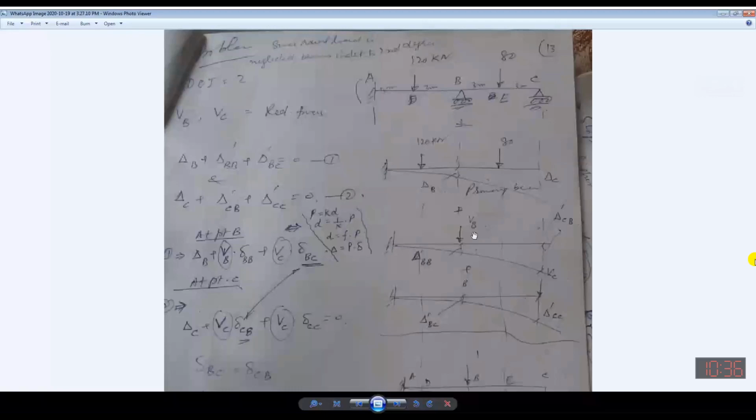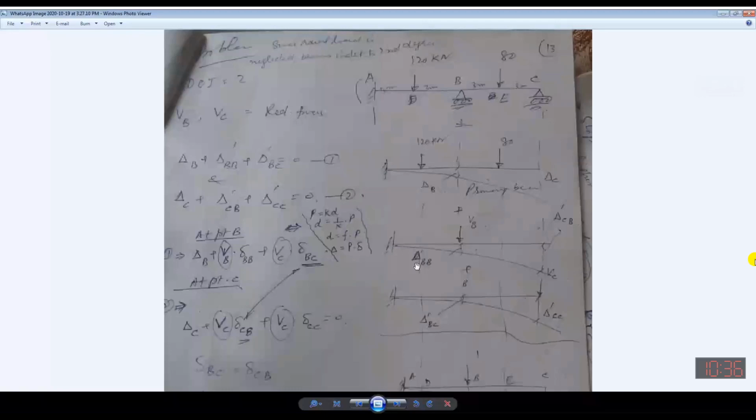Whether you apply it upward or downward, it will make no difference. At the end, if your result is negative, it means you have chosen the wrong direction and it should have been applied in the other direction. So this is delta B, and under the effect of this VB, I have labeled it as delta dash BB.